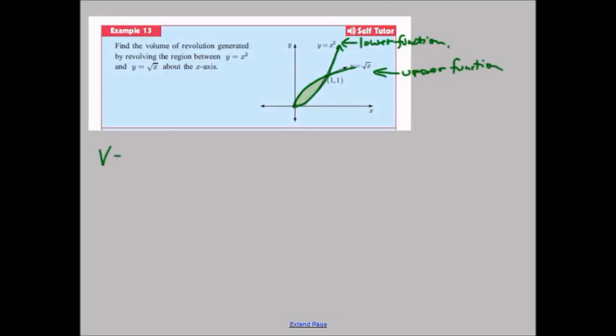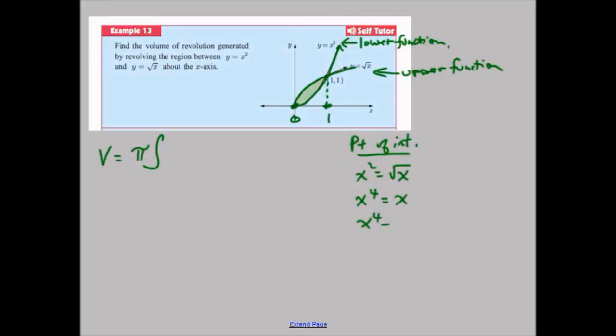So the volume will be pi times the integral from a to b. We need to figure out where those graphs intersect. They intersect here at 0, and they also intersect here at 1. The way we would figure that out is by finding that point of intersection, setting those two graphs equal to each other. I'm going to square both sides.